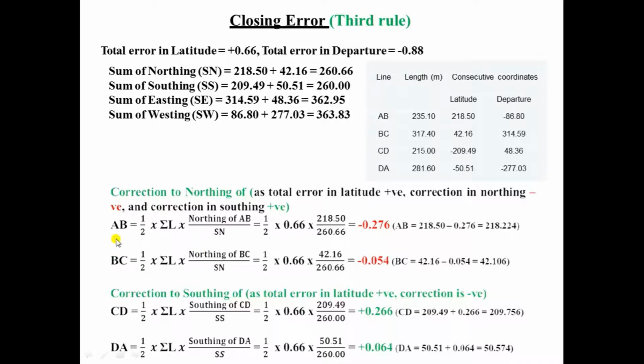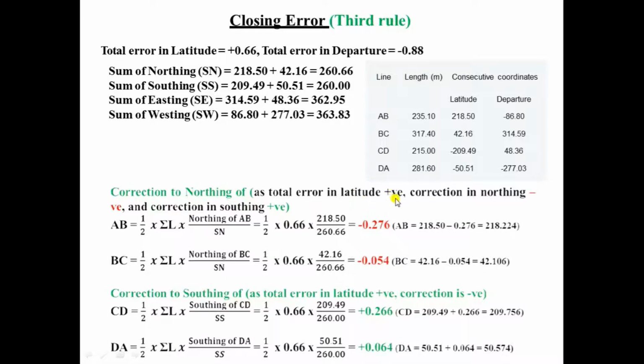Now, correction to northing as per the formula of the third rule: the correction for AB is equal to one half into summation of L multiplied by the northing of AB. The northing of AB is 218.50, since the latitude is positive, upon 260.66, and we can get the error.